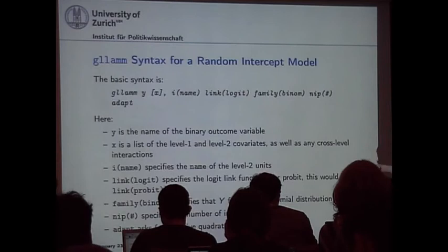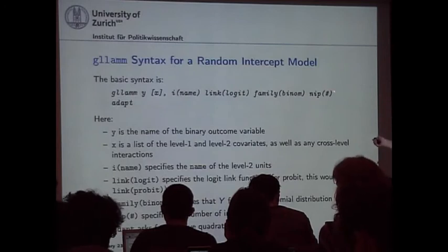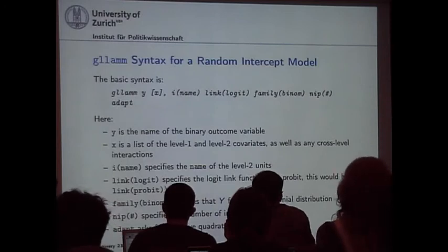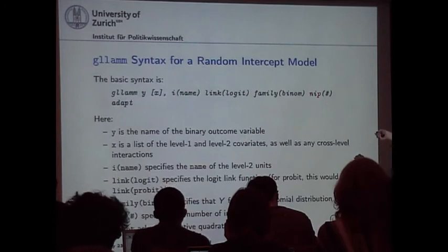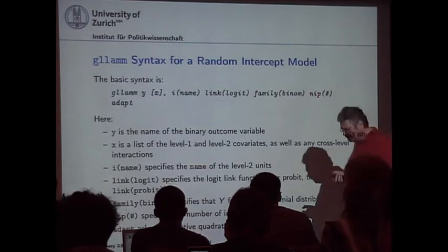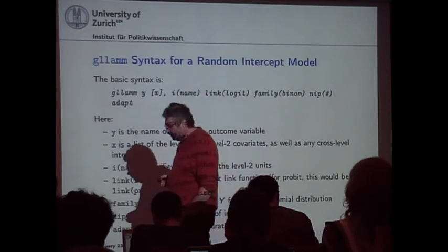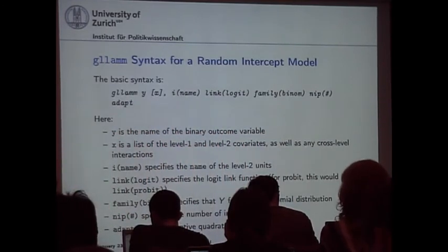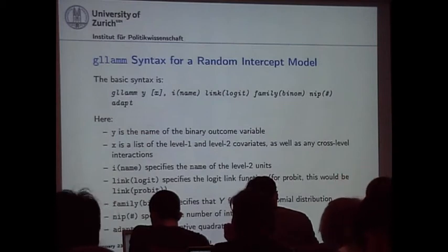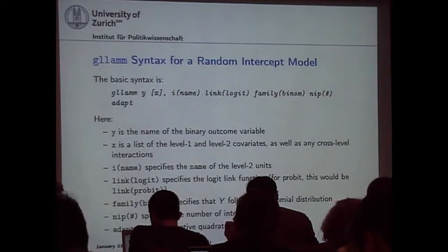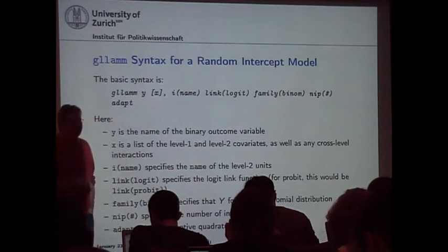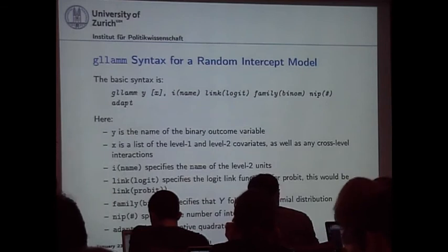The family, which is the distribution, which is the binomial. And then we have two technical things at the end. The number of integration points, NIP, which has to be set to some number. And I frequently set this pretty high, to 30 or so. Makes it fairly slow. And we add adapt to ask for adaptive quadrature.